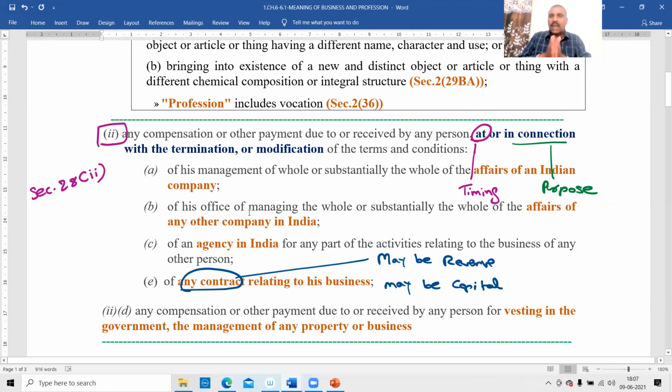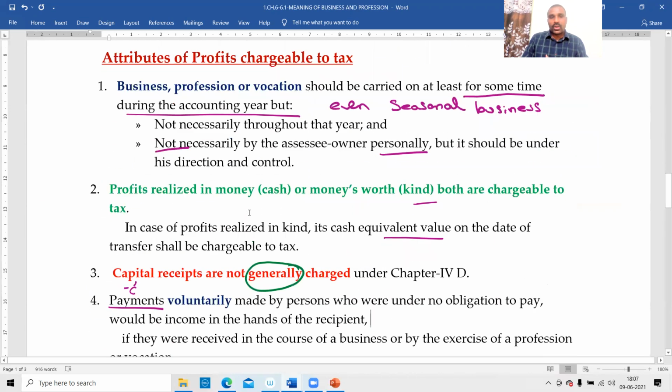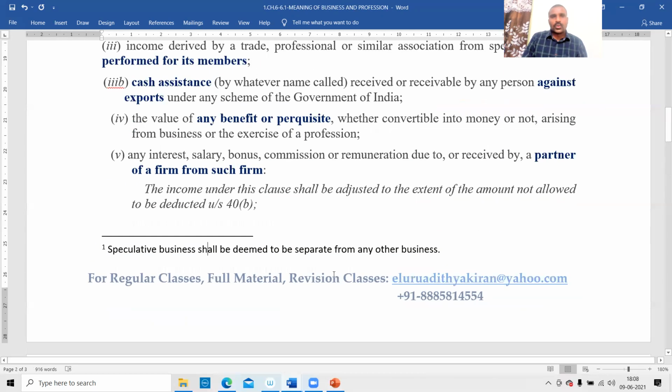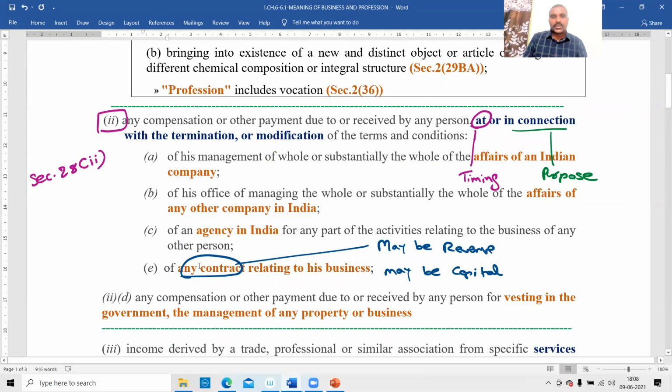Even though it appears like a capital transaction, it is taxable as business income. That's why we said earlier that capital receipts are generally not charged under this head. But these two may include capital receipts also.